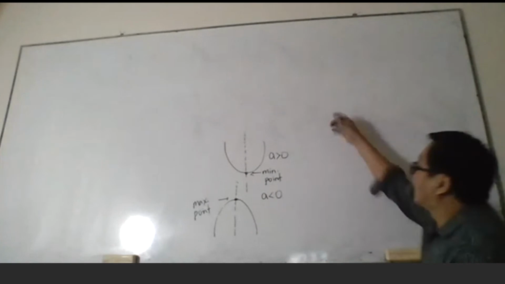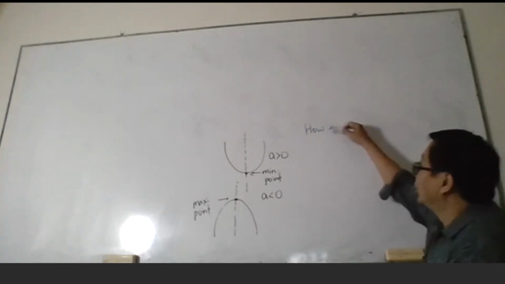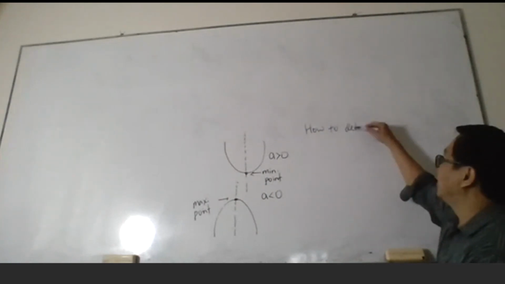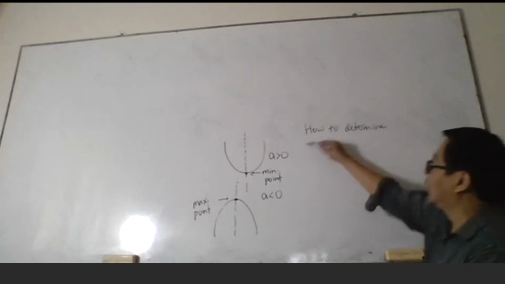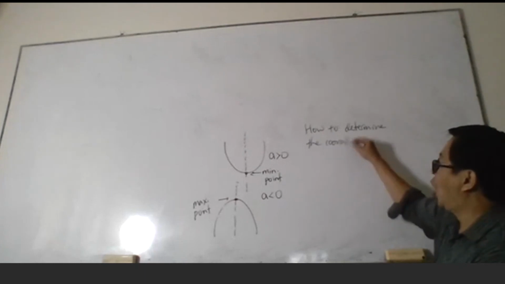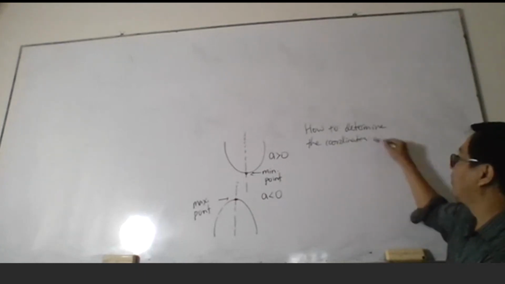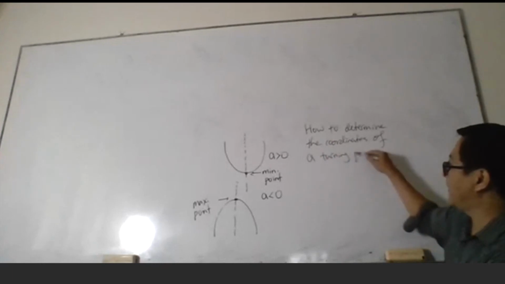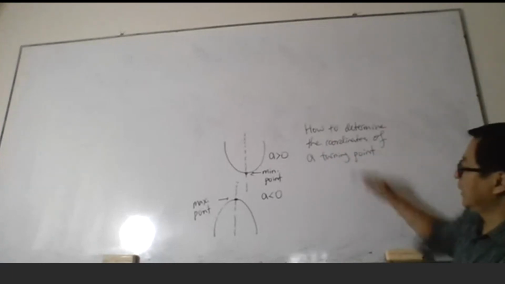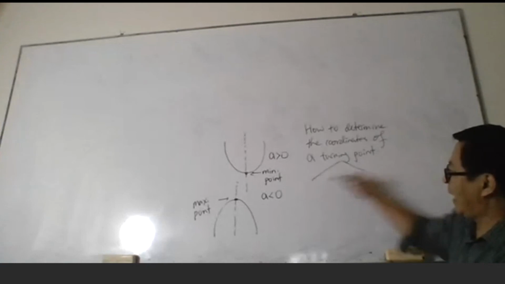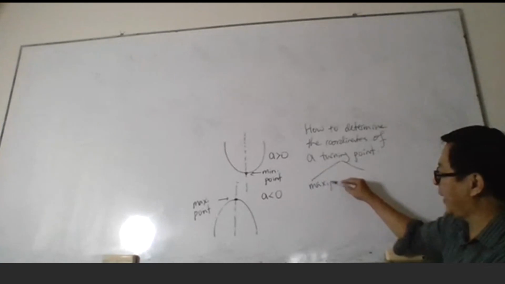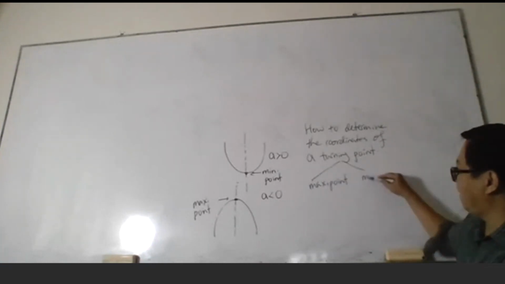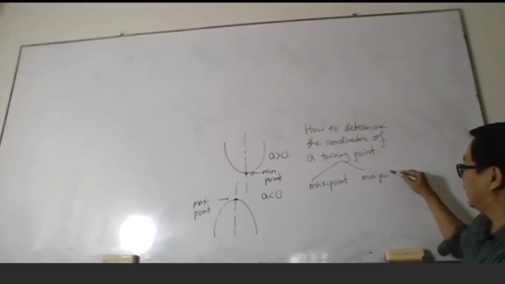How to determine the coordinates of a turning point. This turning point can be either a max point or a min point.